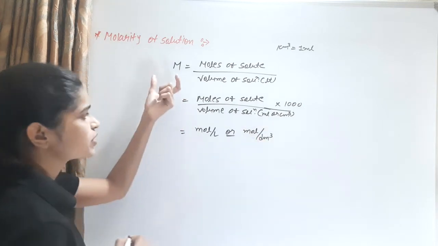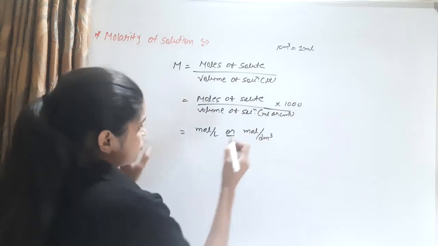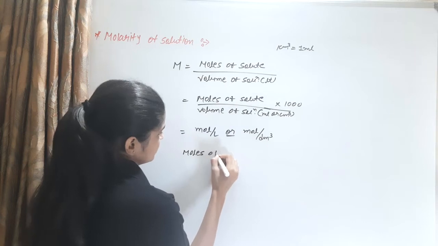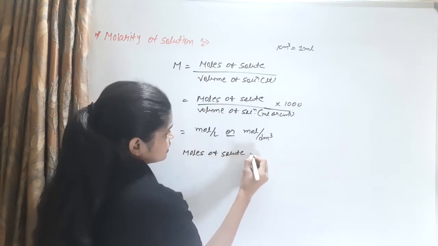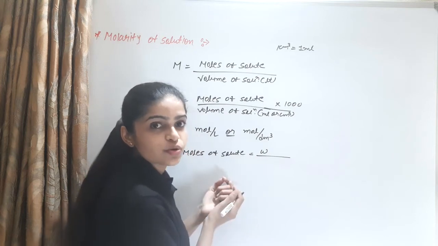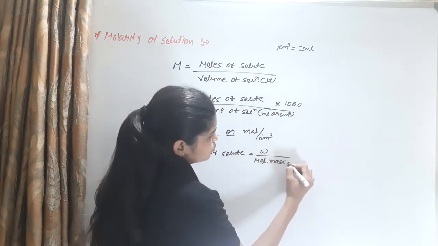That is the unit of molarity. Then we find the number of moles. Moles of solute is equal to the weight upon the molecular mass of the solute.